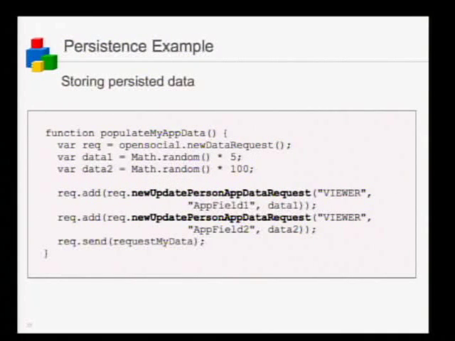And of course, remember persisting data. Here's an example of just creating two random numbers and then associating them with those keys, like AppField1 or AppField2, and then I create this request and send it off to the server. All I'm doing is storing these random numbers onto the server, and then I have a callback function called request my data. So once the data is successfully stored, I want to retrieve it.